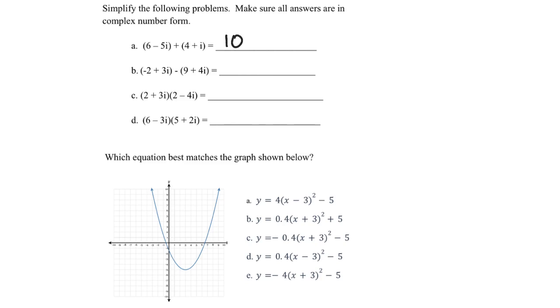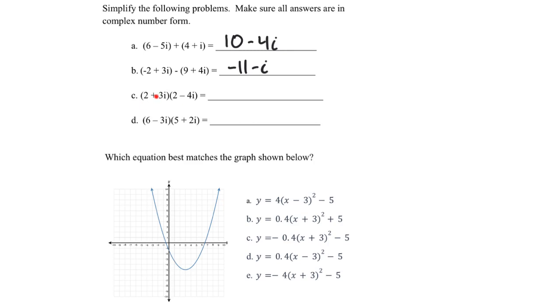So I'd have 10 minus 4i. Pretty simple. It's just combining like terms. Negative 2 minus 9 is going to give me negative 11. 3i minus the positive 4i is going to give me negative i. So I'm just going to have negative 11 minus i.